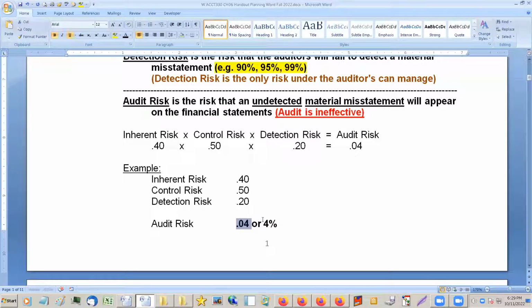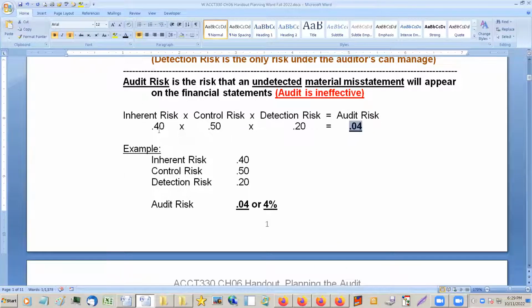Yeah, so you multiply those together and come up with that. I think that's right. Okay. So this is how you can actually mathematically come up with it.